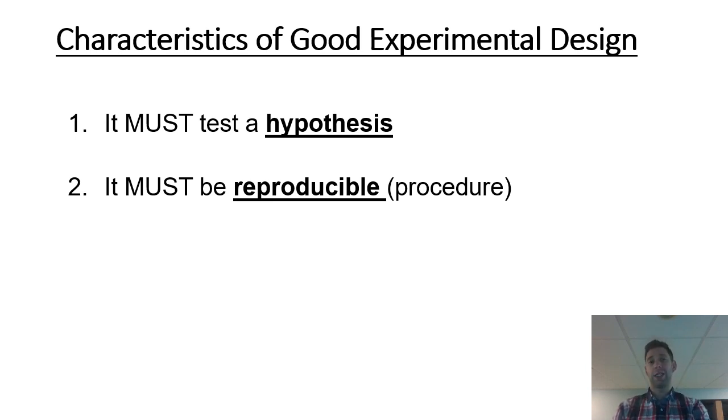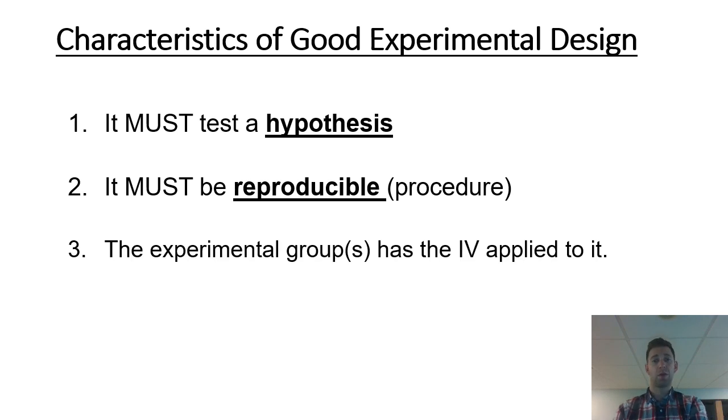By writing a really detailed procedure that can be replicated step by step, we include the amounts and the measurements and everything that we did. It allows other scientists to copy our work, and that in turn leads to the idea that science can be reproducible. The experimental group has the independent variable applied to it.